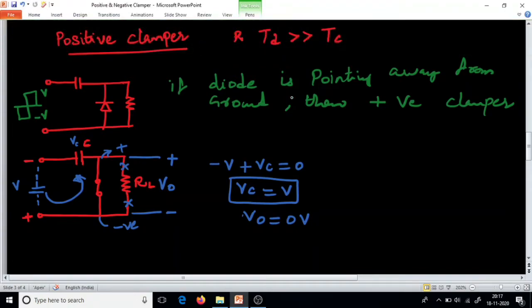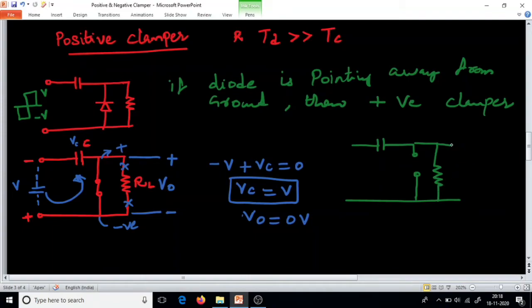Now what happens when the positive pulse comes to the circuit? The positive part of the waveform comes to the circuit. Now I'll draw it. We have a capacitor, then the diode becomes open circuited because it doesn't conduct when the positive comes, and we have RL.